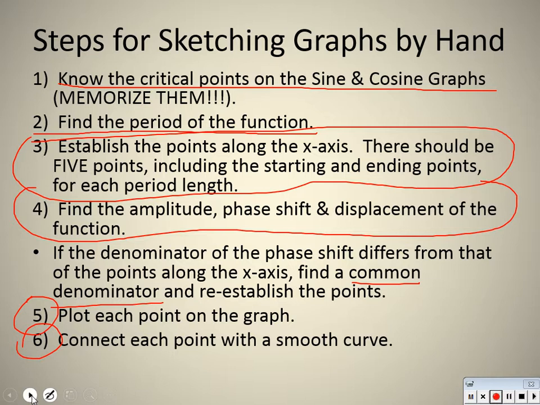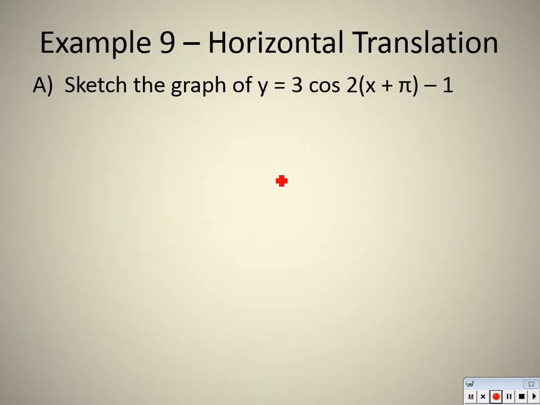So as we move into some of the more challenging types of equations to graph in regards to sine and cosine, here you have y equals 3 times the cosine of 2 times the quantity x plus pi, minus 1. Notice I have these values here, which are going to have a direct impact on my y coordinates, and these values here, which are going to have a direct impact on my x coordinates.